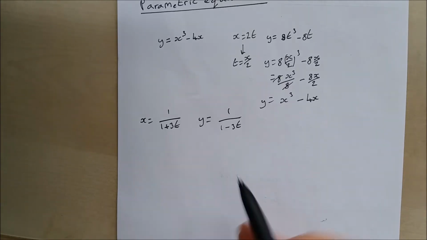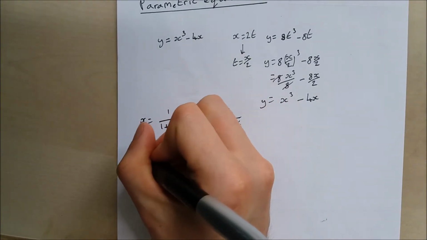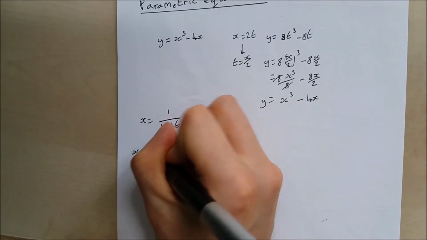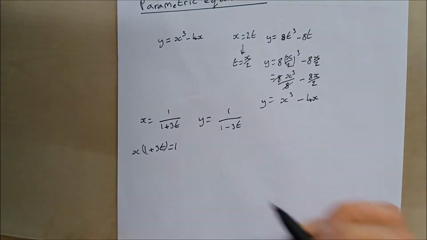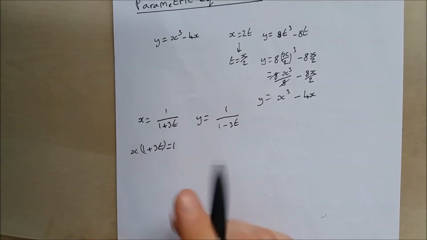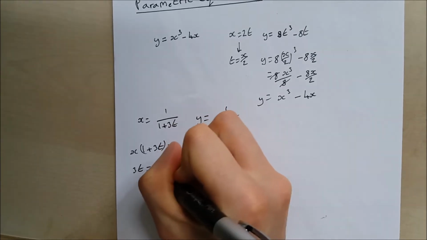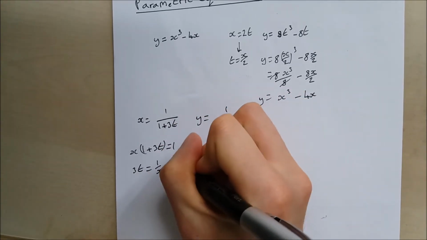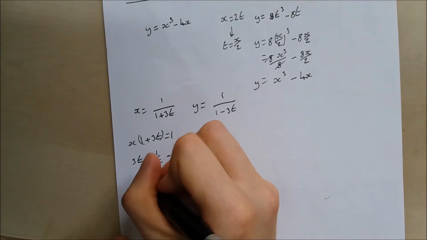So if we rearrange this one, bring the 1 plus 3t up and you'll have x times (1 plus 3t) equals 1, and then divide through by x and take the 1 across, and you'll have 3t equals 1 over x minus 1, and then just take the 3 across as well.